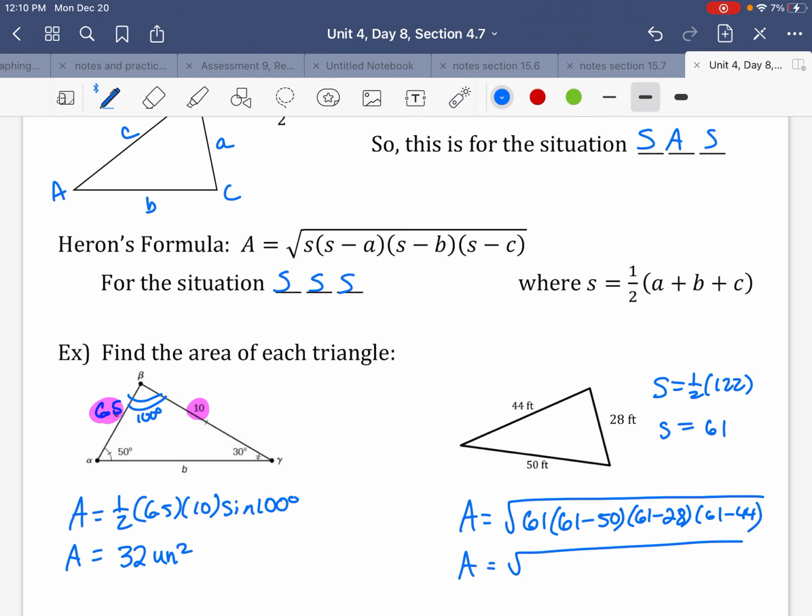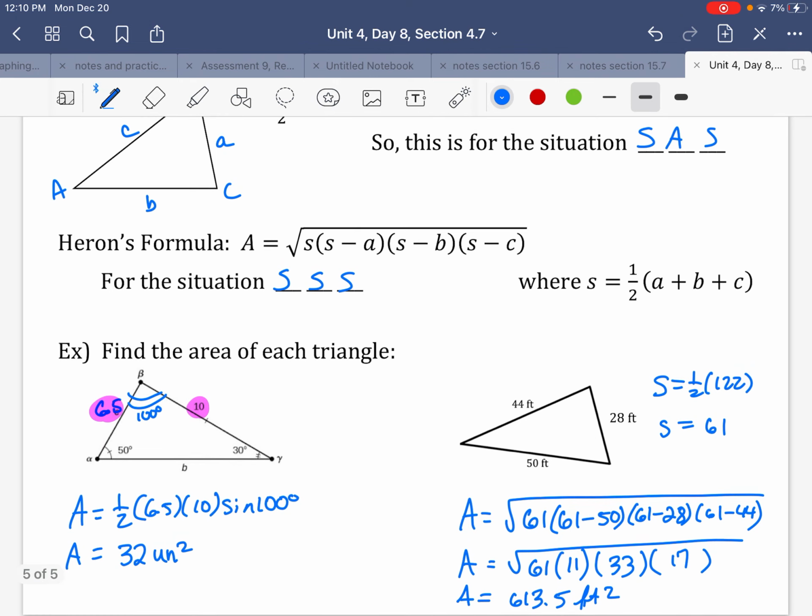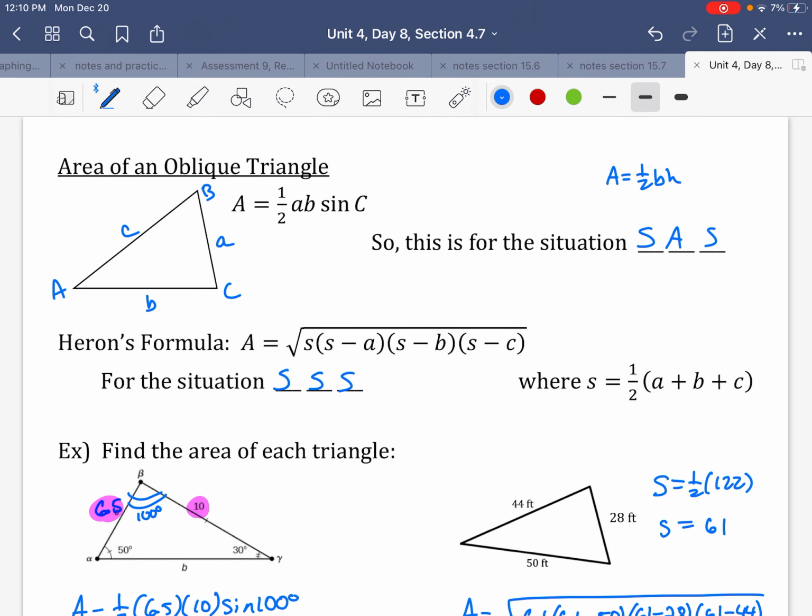So that would be the square root of 61 times, what is this, 11, times 61 minus 28, that's 33, and 61 minus 44, 17. So pop that in your calculator and you get 613.5. This is in feet, so we'll say feet squared. And that is it. All right, adios.